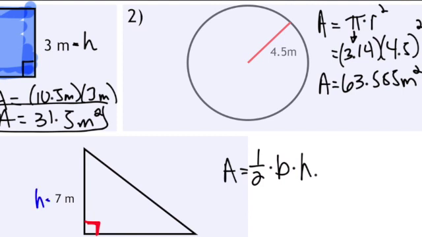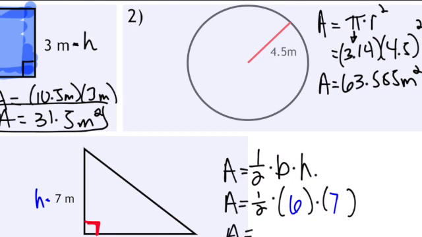Let's plug it into our formula. We have area equals 1/2 times my base of 6 times my height of 7. I'm going to multiply those all together. This becomes 3, and 3 times 7 is 21 meters squared.